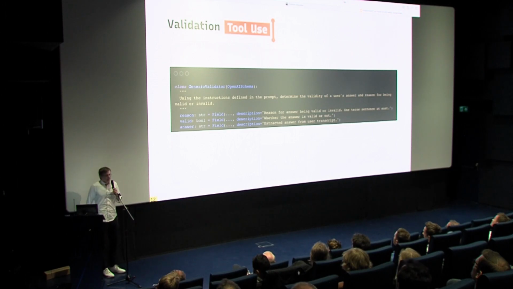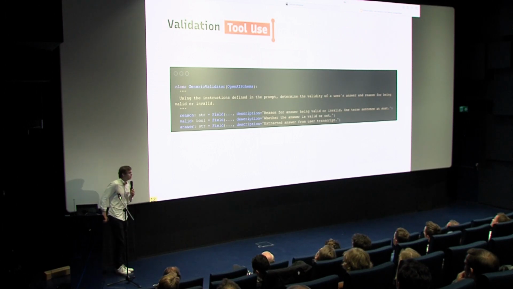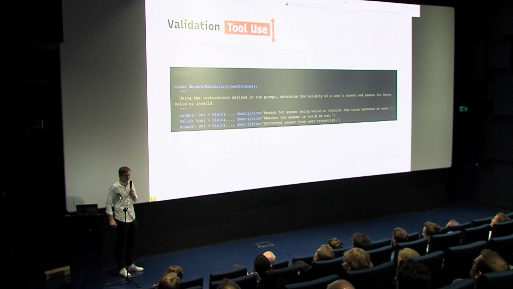So, this seems like the perfect use for the function calling or tool use that language models provide, nowadays at the very least. So you say, okay, given this bunch of speech that I've got, is the user talking complete nonsense? And if they are not, give me back an answer as well as saying, okay, this is valid.